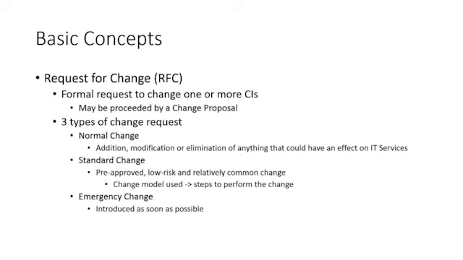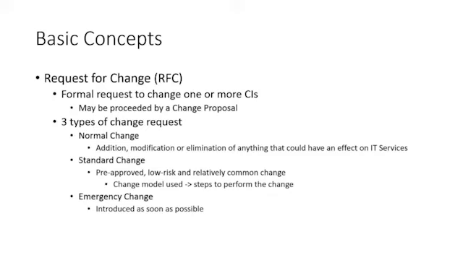Now we have three types of change requests: a normal change, a standard change, and an emergency change. So a normal change, an addition, modification, elimination of anything that could have an effect on our IT services, on our software development, on our organization as a whole, right? Any type of change that we feel like we need to have made, normal change.